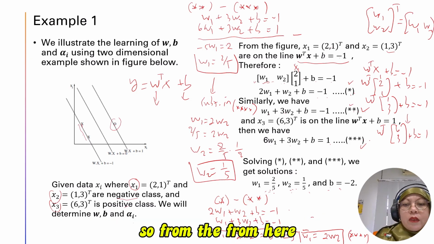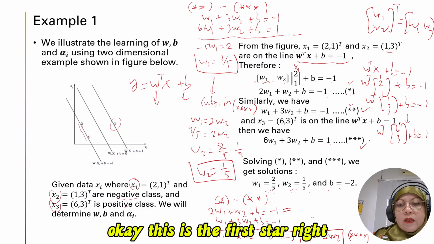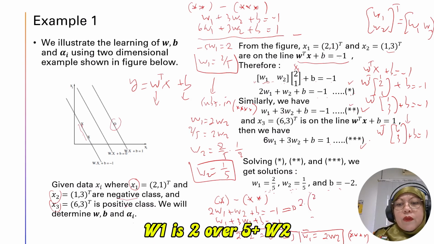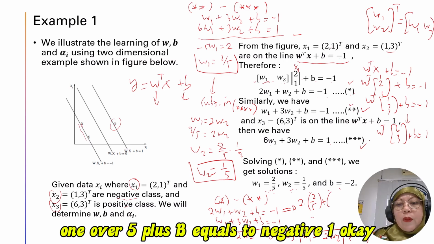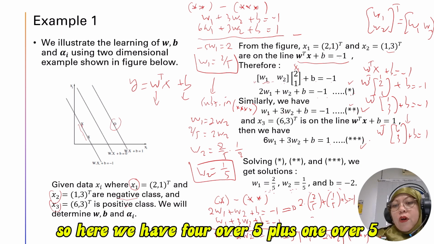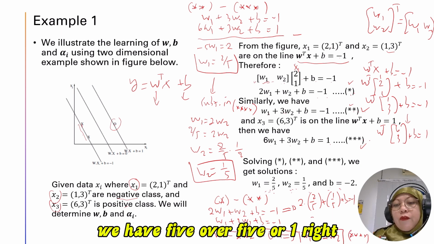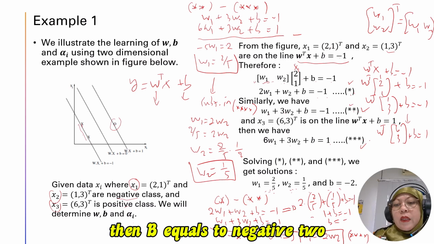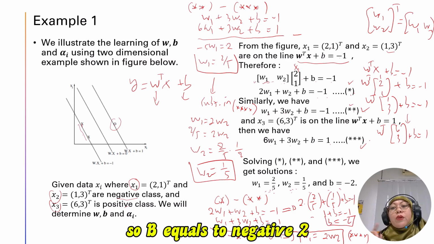So 2 times W1 is 2/5 plus W2 1/5 plus B equals to -1. Okay, so here we have 4 over 5 plus 1 over 5, we have 5 over 5 or 1, right? So we have 1 plus b equals to negative 1, then b equals to negative 2. So b equals to negative 2.